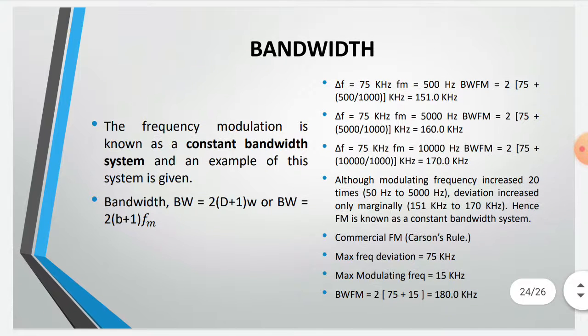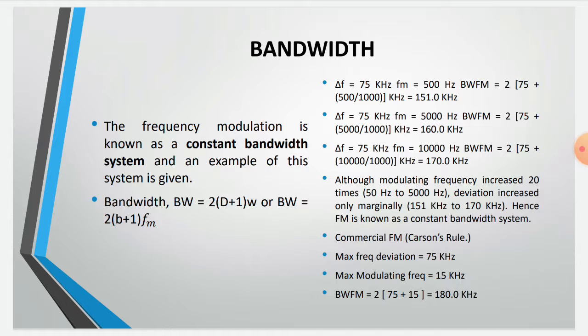Frequency modulation is known as a constant bandwidth system, and an example of this system is given. Bandwidth is equal to 2 D plus 1 W, or 2 beta plus 1 fm.